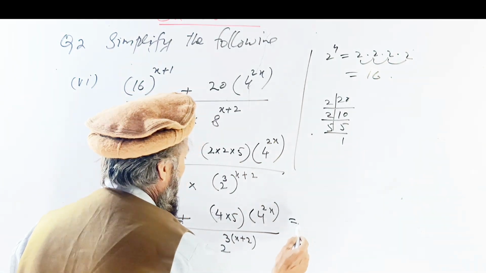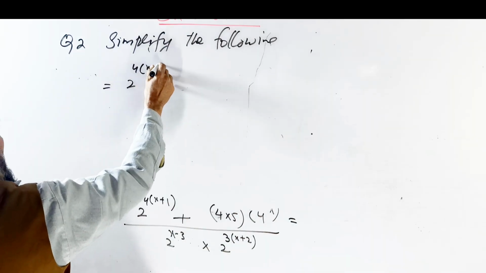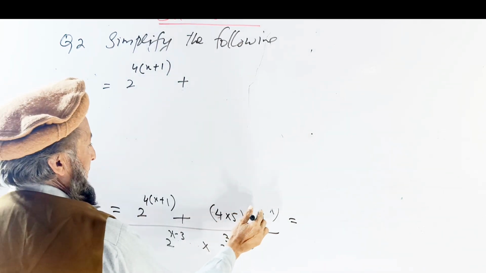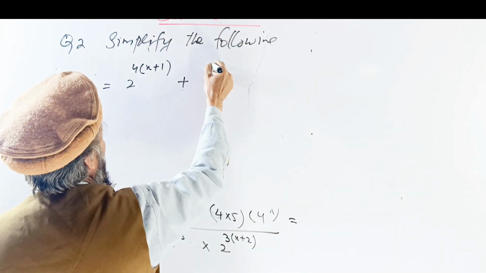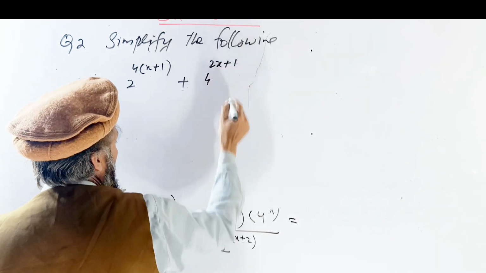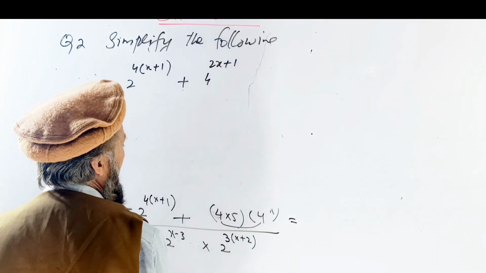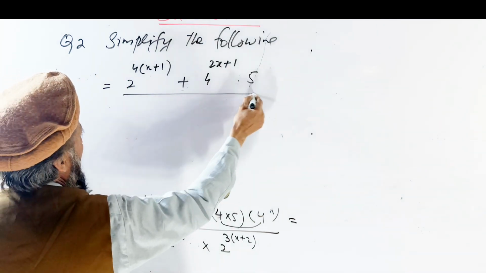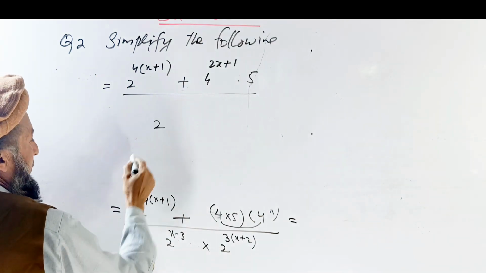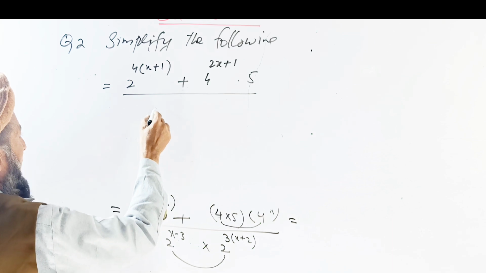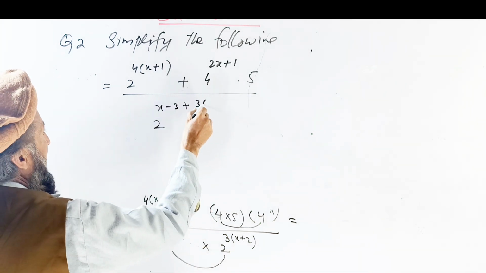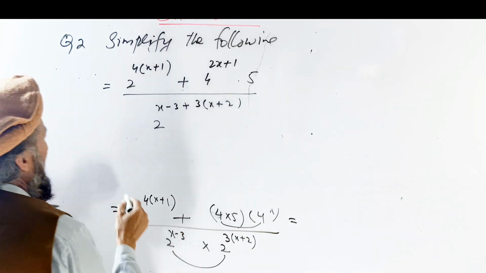Now further simplify 4(x+1) plus this is 2x, 2^(2x+1). Bases are same, so we add their powers, and 5 divided by 2 and 2, bases are same, so we add the powers x minus 3 plus 3x plus 2.